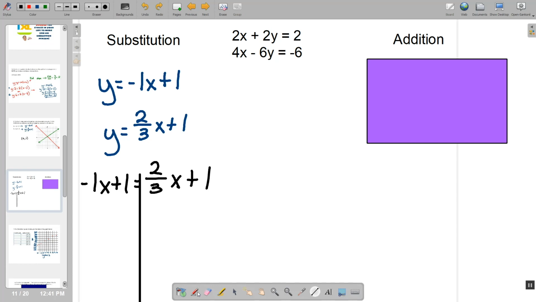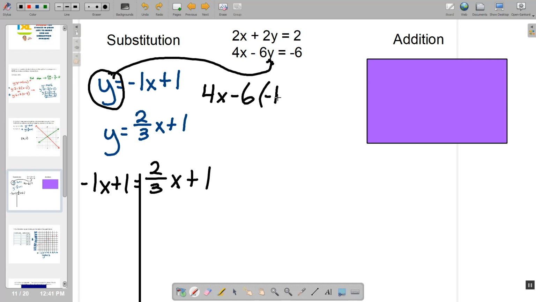Now, the way I'm going to do it is actually going to be a little bit different because I want to avoid a fraction. I'm going to take that y right there, and I'm going to plug it in for that y right there. So I'm going to get 4x minus 6(negative 1x plus 1) is equal to negative 6.